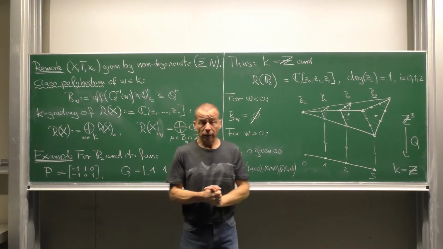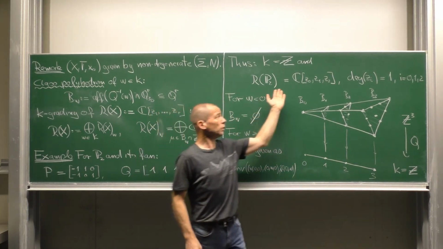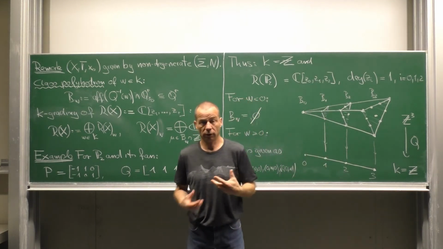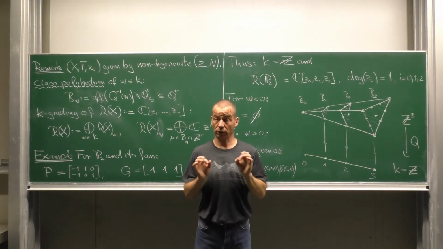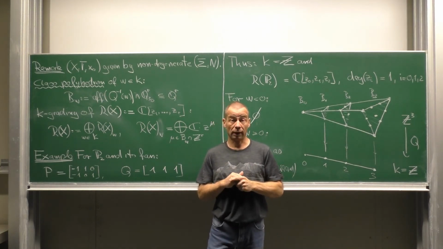So we have K equal Z, and the homogeneous coordinate ring is a polynomial ring in three variables, each of which is of degree 1. Let us look at the class polyhedra.